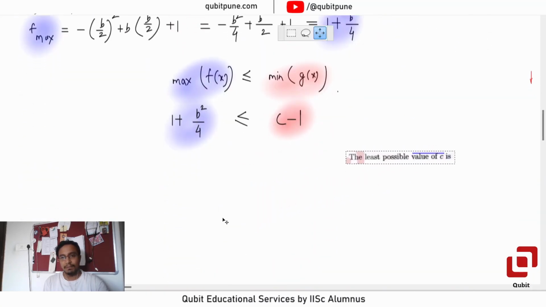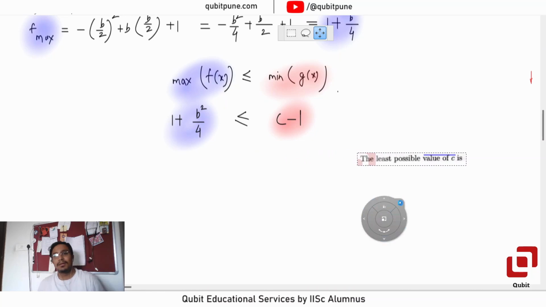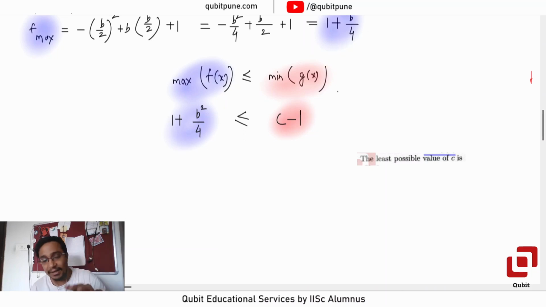If they want us to calculate the least possible value of c, is it right to say that we should consider the smallest of the maximums that f of x can have, considering b? I am saying they want us to calculate the smallest possible value of c.